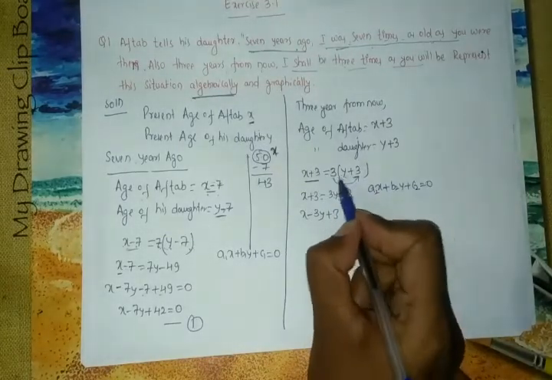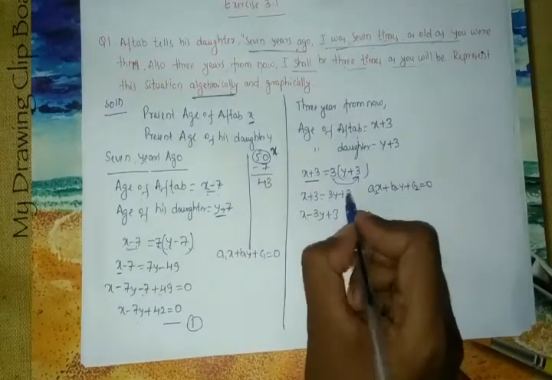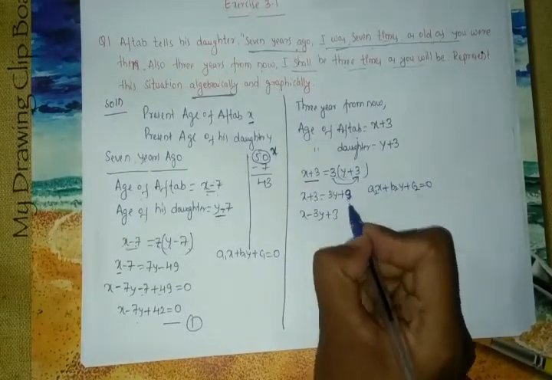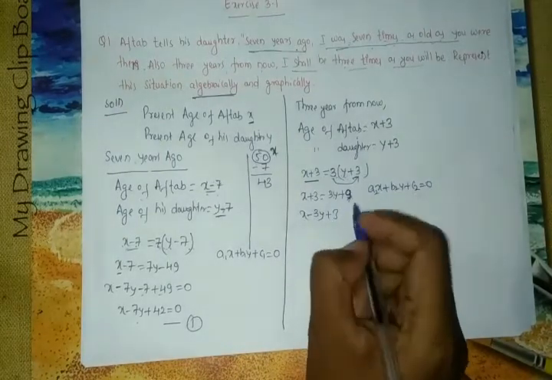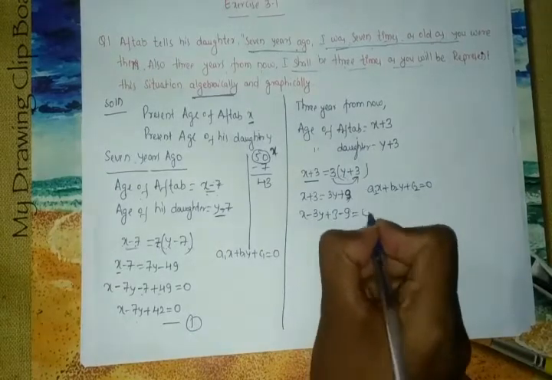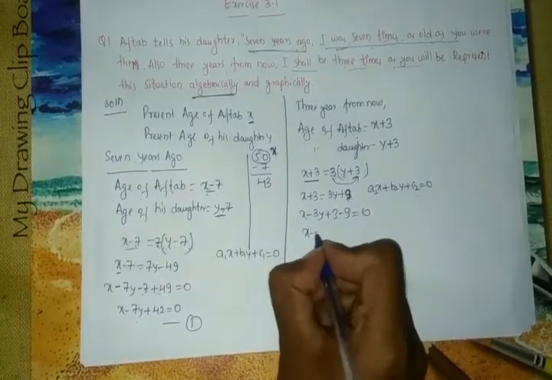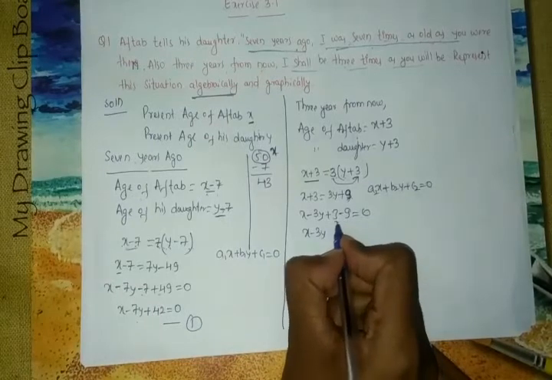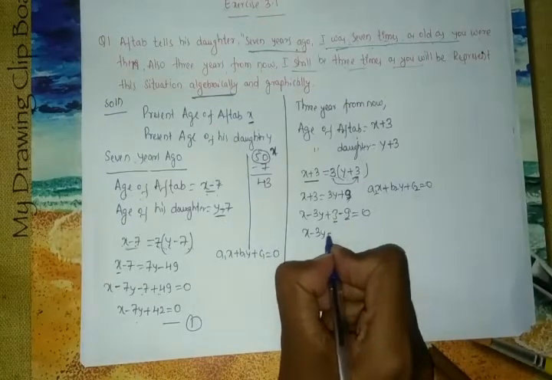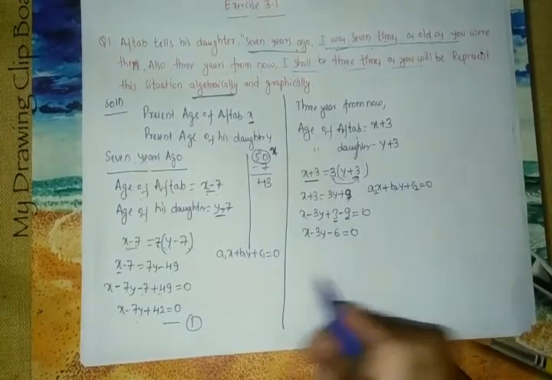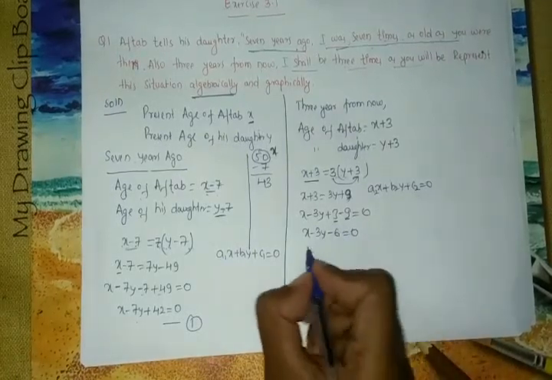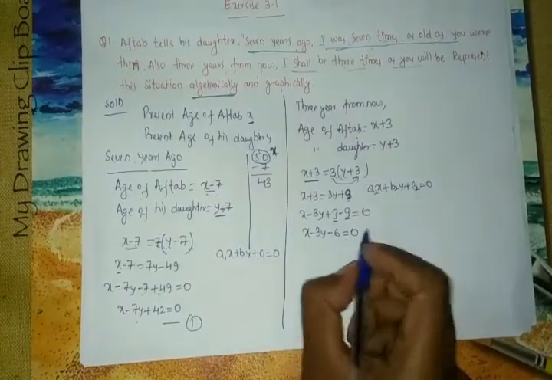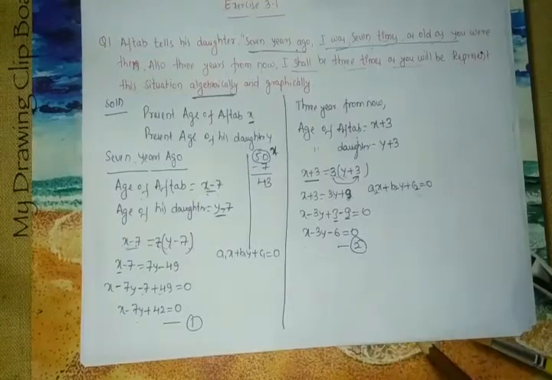We need to multiply 3 with 3, it will be 9. When 9 comes to the LHS, it will be minus 9. So x minus 3y plus 3 minus 9, it will be minus 6 equals 0. This is our second equation.